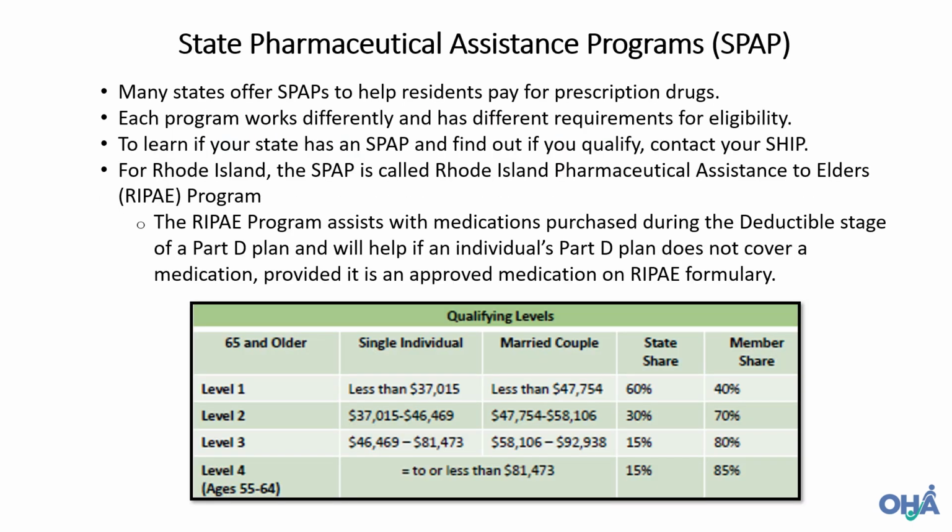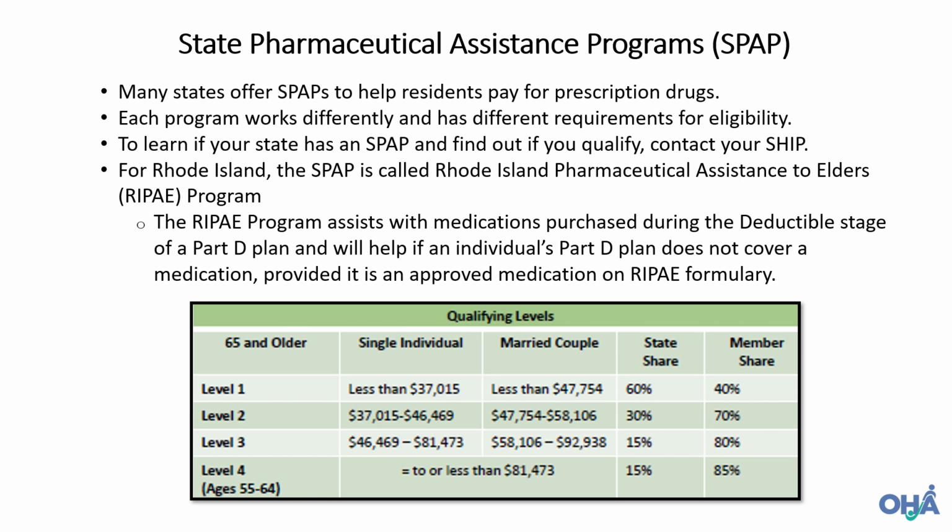A couple of other assistance programs that we know of would be the State Pharmaceutical Assistance Program, also known as an SPAP. Many states offer SPAPs to help residents pay for prescription drugs. Each program works differently and has different requirements for eligibility. To learn if your state has an SPAP or find out if you qualify, contact your SHIP.